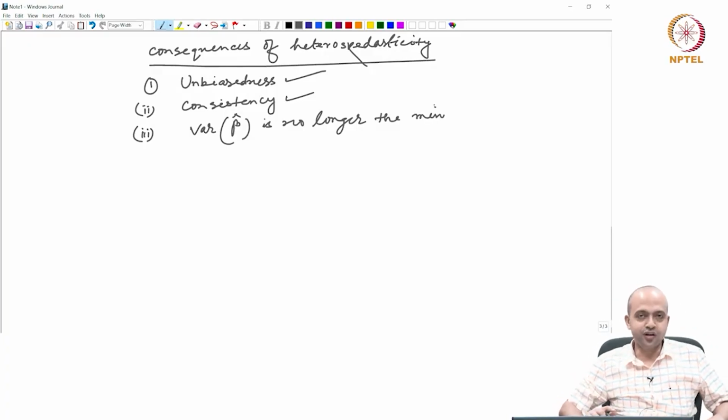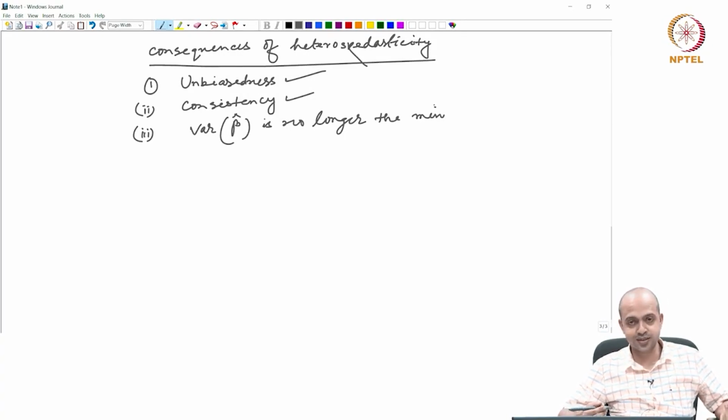Okay. The moment you change the assumption regarding the variance of ui, then what you observe is that variance of beta hat is no longer the minimum. Minimum variance property is lost, and as variance gets disturbed, again the standard error gets disturbed, and again your t or any other statistic based on that standard error, the t statistic gets disturbed and your hypothesis testing becomes problematic.